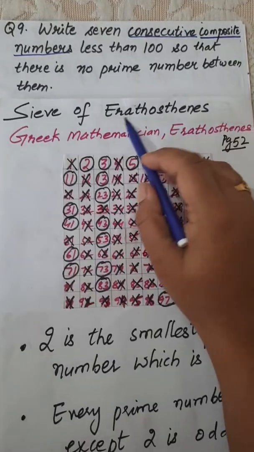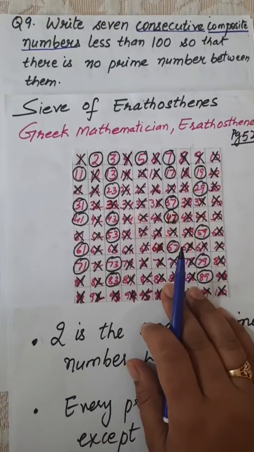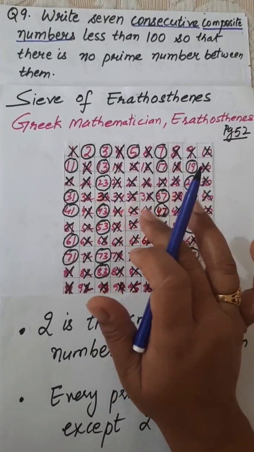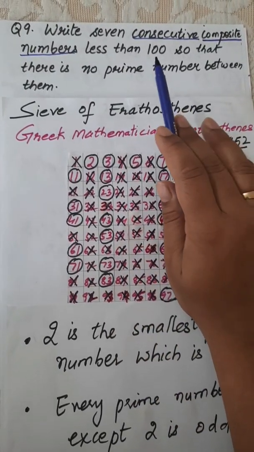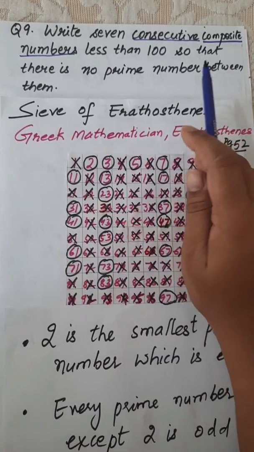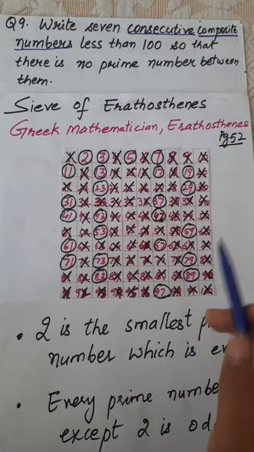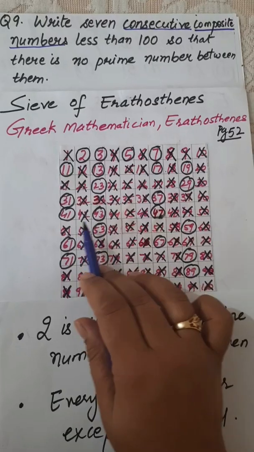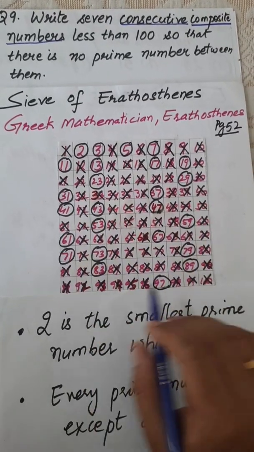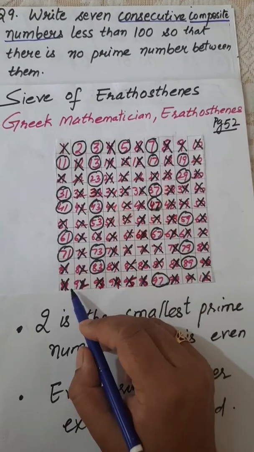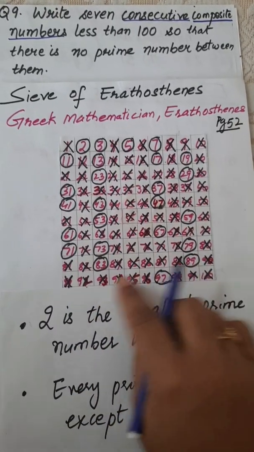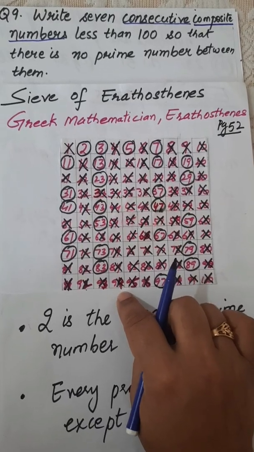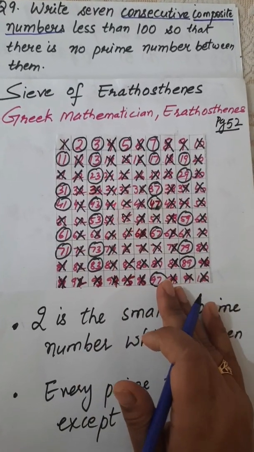For this, I will use the method called the sieve of Eratosthenes, in which the encircled numbers are prime and the crossed ones are composite. I have to write 7 consecutive composite numbers, so these numbers should be in sequence. If I check the whole chart, I will find that 90, 91, 92, 93, 94, 95, 96 are all crossed, meaning all are composite and all are consecutive.